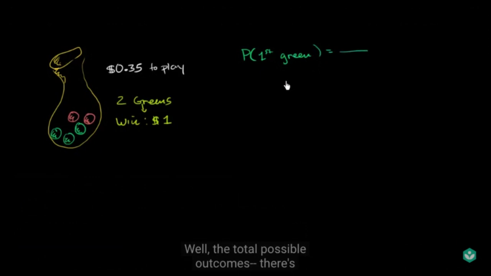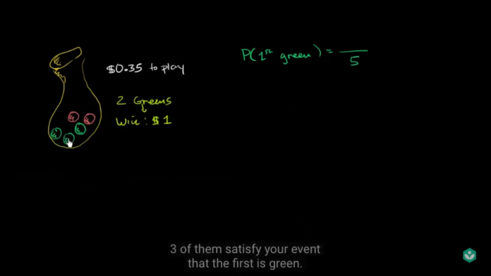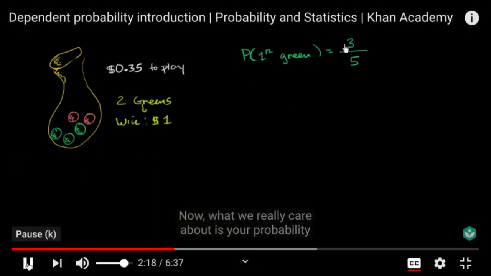Well, the total possible outcomes, there's 5 marbles here, all equally likely. So there's 5 possible outcomes. 3 of them satisfy your event that the first is green. So there's a 3/5 probability that the first is green.